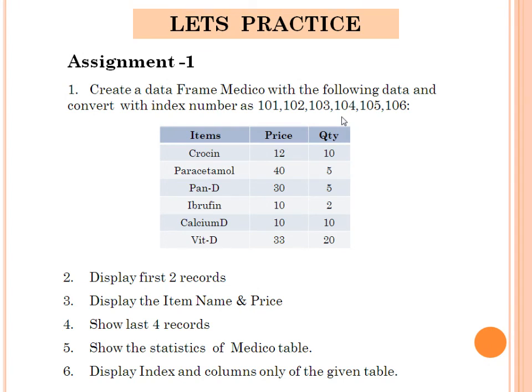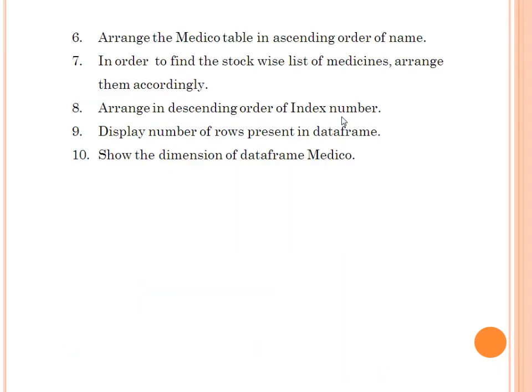Okay. Then the fifth one is display index and columns only of the given table. You have to display index and columns only. Clear? Next part is sixth question. Arrange the Medico table in ascending order of name. Seventh one, in order to find the stock-wise list of medicines, arrange them accordingly.